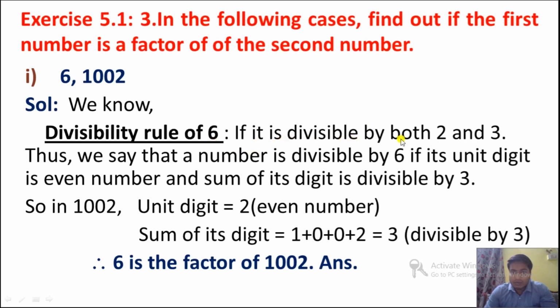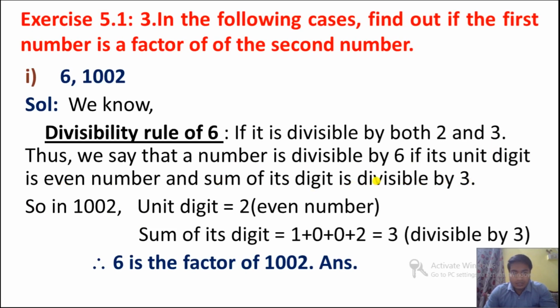If it is divisible by both 2 and 3, thus we say that a number is divisible by 6 if its unit digit is even, and this is the divisibility rule of 2, and the sum of its digits is divisible by 3, and this is the divisibility rule of 3.